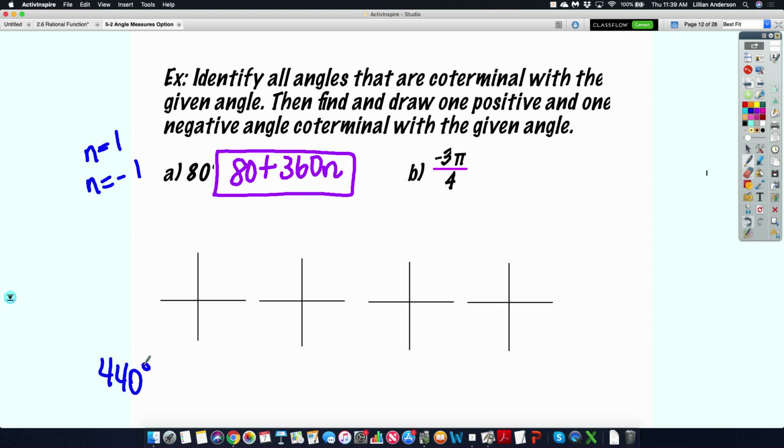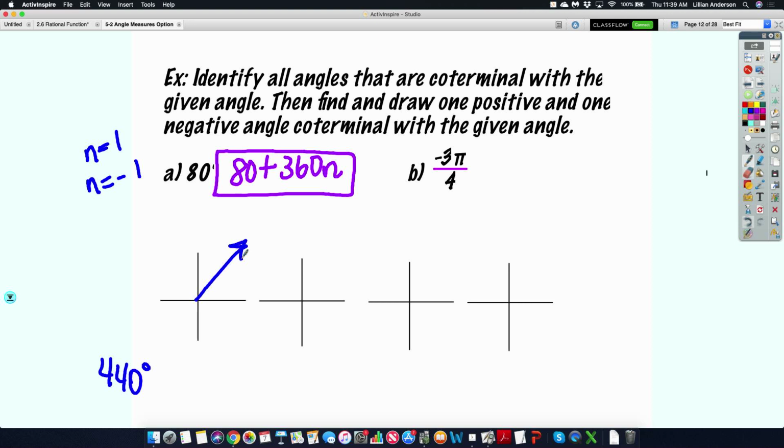I'm going to draw it in blue. No matter what, coterminal angles have the same initial side and the same terminal side. And if you know where 80 degrees is located, then you know exactly where 440 degrees is located. And what quadrant was it located in? 1. So I'm going to draw a straight line in the first quadrant. Doesn't have to be exactly at 80 degrees. It just better be in that first quadrant.